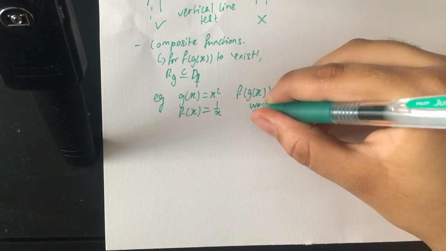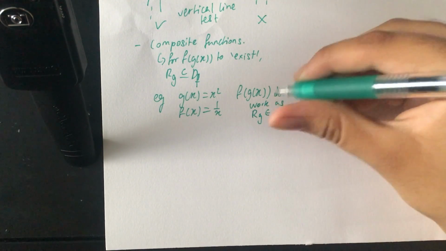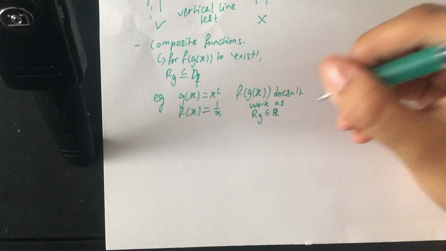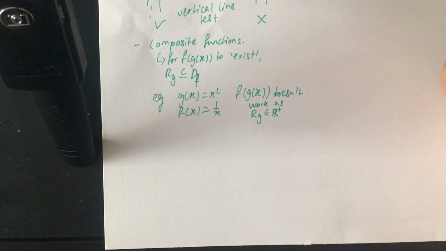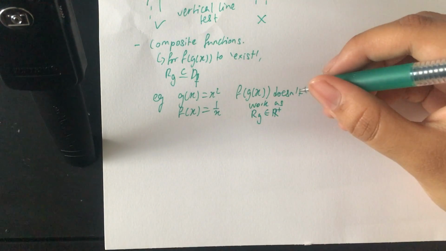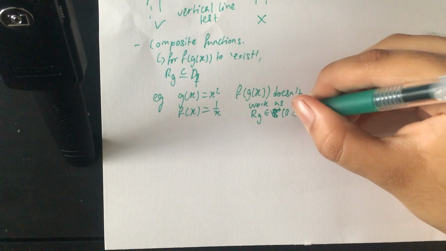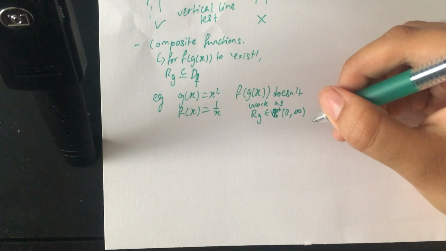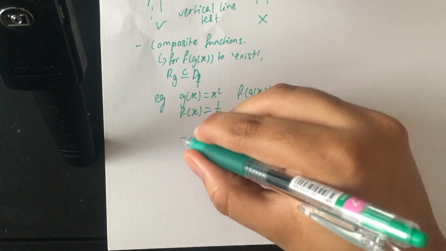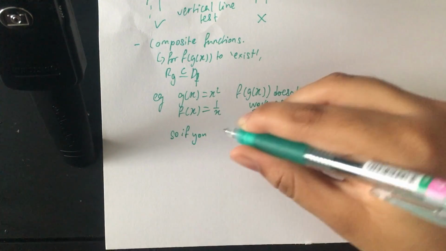Okay, so after you figure out the domain and the range, for example, if you have g(x) equals x squared and then f(x) is 1 over x or something, then you're trying to find f(g(x)) and you need to know what's the domain for f(g(x)). So g(x) can work for all real x, I guess, and f(x) can work for everything except x equals 0.